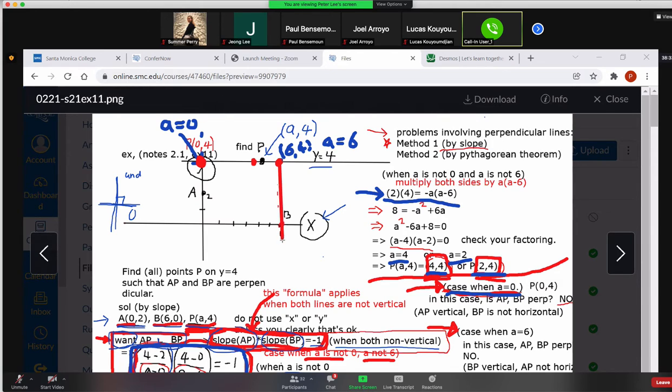BP is this line, and AP is this line. Are the 2 lines perpendicular? What do you think? No. They're not. Therefore, 6, 4 is also not a solution.